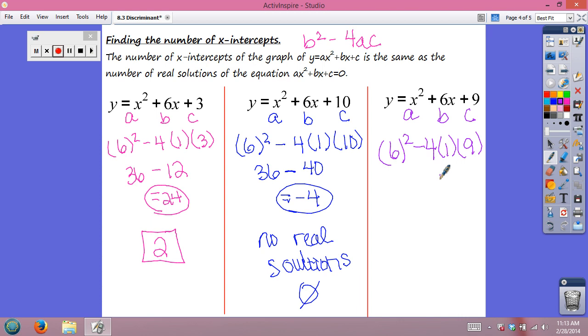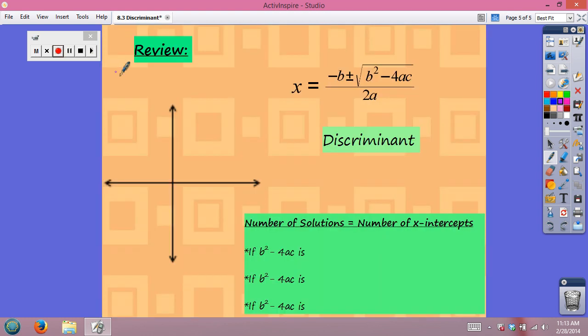Times 9 is 36. So we have 6 squared, which is 36, minus 36, which is 0. If our answer is 0, we know from the notes that we get 1 real solution, so there is 1 x-intercept.